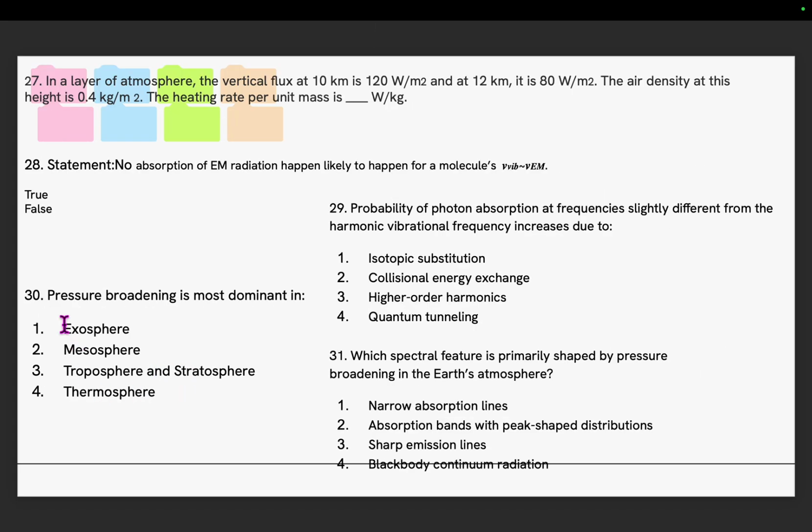So in question 30, pressure broadening is most important in the troposphere and the stratosphere, and the question asks which feature is primarily shaped by pressure broadening in the Earth's atmosphere. These are the absorption bands with a peak-shaped distribution.